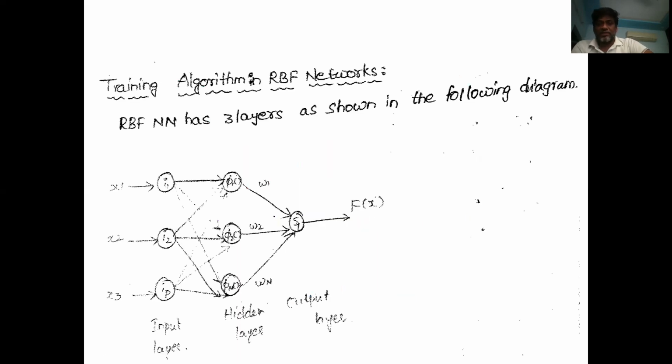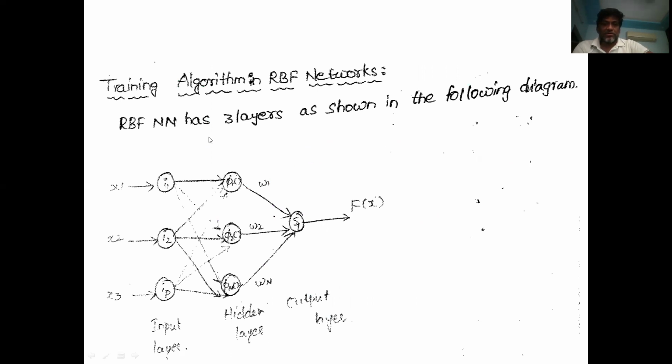So let us again revise the basics of what an RBF neural network is and how we can use the function f of x to identify the output of an RBF neural network first, and then we will list out the steps used for training.